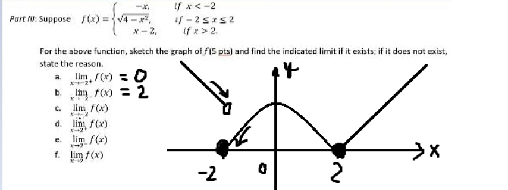So when s approach to negative number 2, the limit does not exist. Because the value of s approach to negative number 2 on the right is not equal to the s approach to negative number 2 on the left. So that's why we write about D and E.